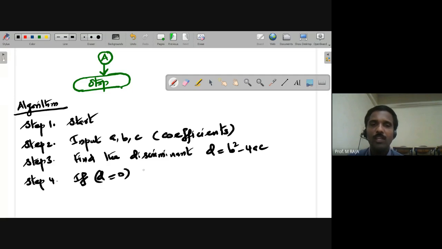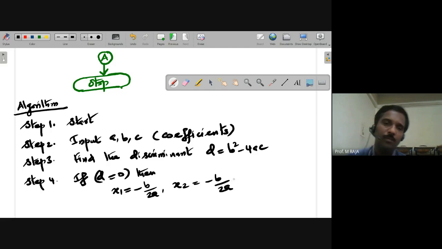If D is equal to 0, then we need to find the quantities x1 and x2. So x1 is equal to minus b by 2a, x2 is equal to minus b by 2a.